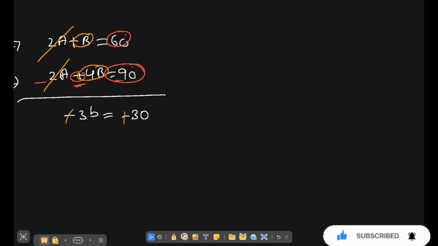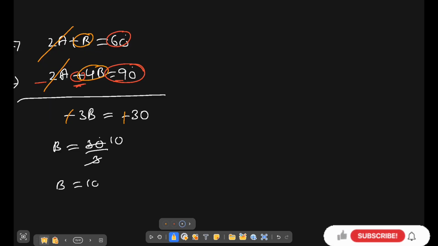So this is capital B. Send 3 to the right side. Now B is equal to 30 by 3. 3 ones are 3, 3 tens are 30. So the B value is 10.